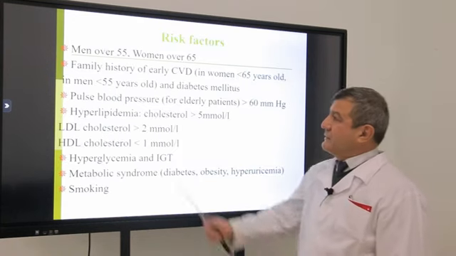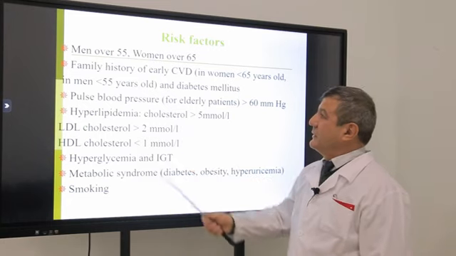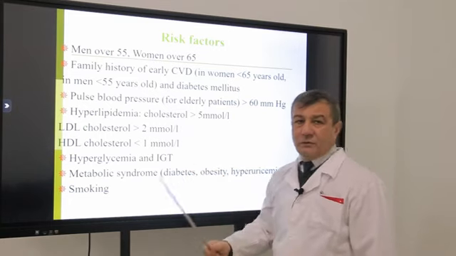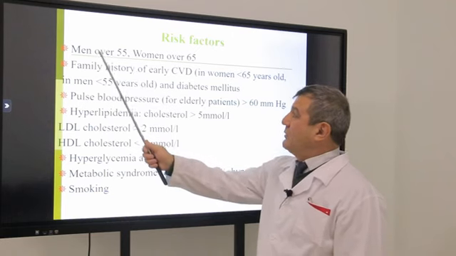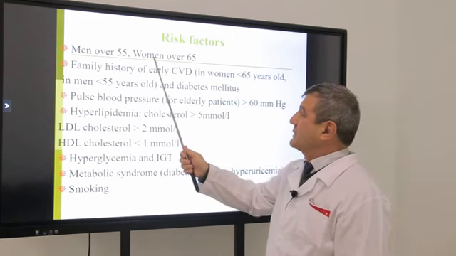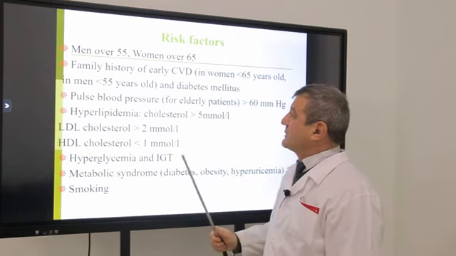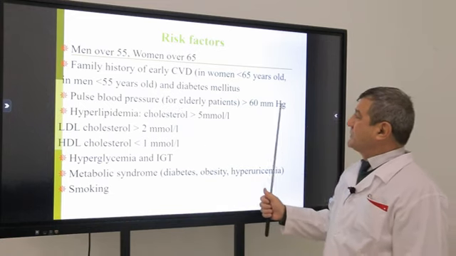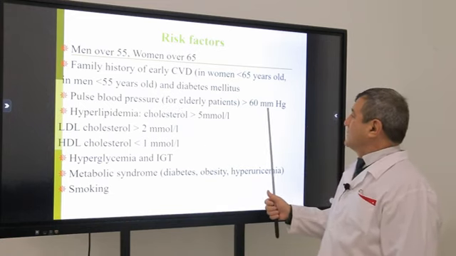Risk factors. Here we can see risk factors for hypertensive disease. Men over 55 years, women over 65 years. Family history of early cardiovascular disease in women less than 65 years old, in men less than 55 years old, and diabetes mellitus. Pulse pressure for elderly patients more than 60.